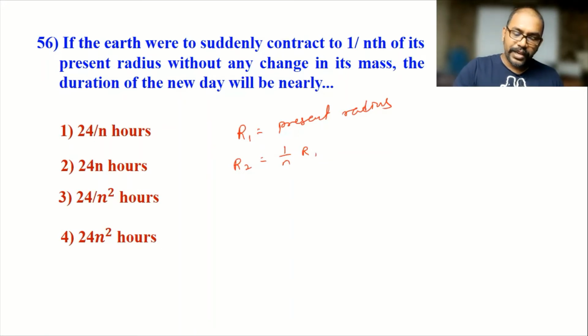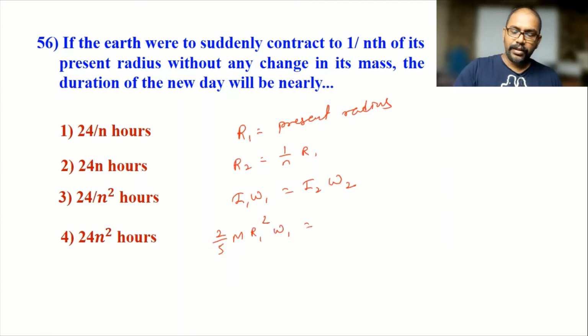Now here we can use conservation of angular momentum: I omega is constant. So I can write I1 omega 1 is equal to I2 omega 2, and by using this we have to find the answer. Here the radius contracts. Earth is spherical in shape, so I1 is 2 by 5 m r1 square into omega 1.